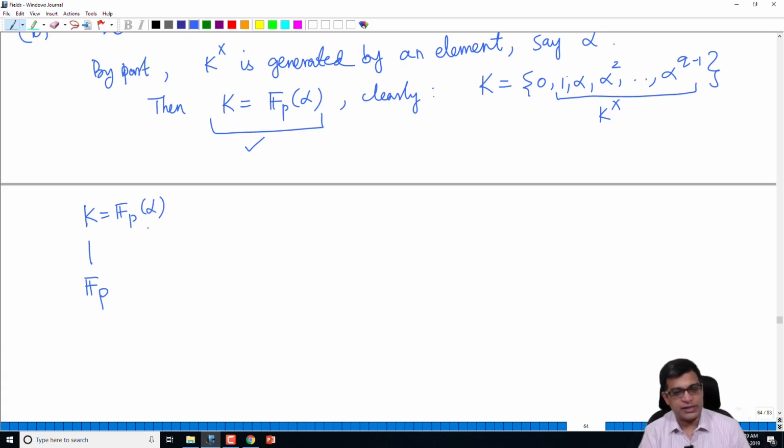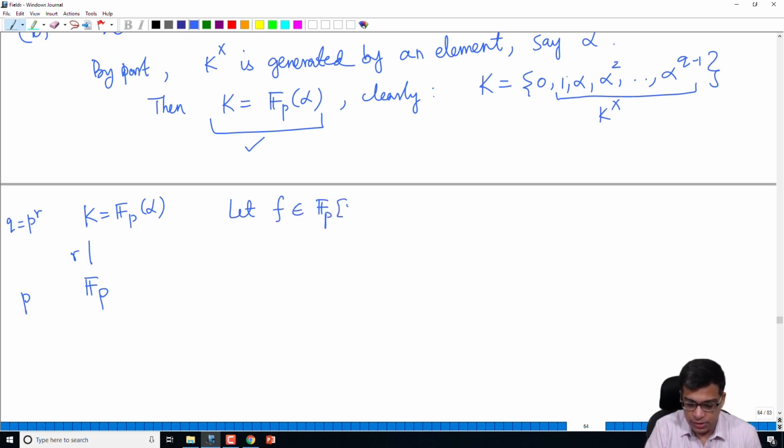What is the degree of this extension? It is r, right? Because this has q elements, which is p power r, and this has p elements, and we used a counting argument in the earlier video, which says that if the elements are p power r over a field of order p, the dimension is r. So let f in Fp[x] be the irreducible polynomial of alpha over Fp.